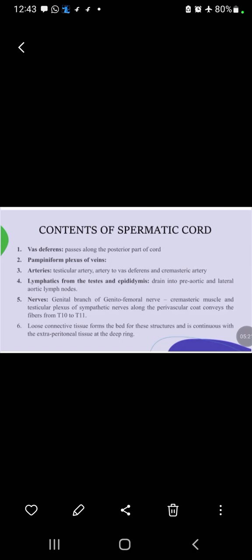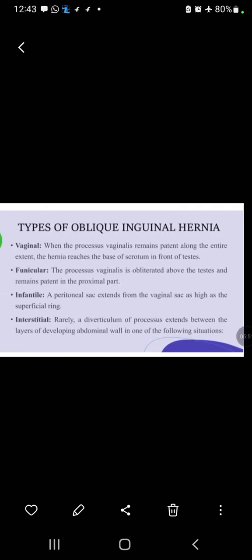Nerves: genital branch of the genitofemoral nerve to the cremaster muscle, and the testicular plexus of sympathetic nerves along the perivascular cord convey fibers from T10 to T11. Loose connective tissue forms the bed for these structures and is continuous with the extraperitoneal tissue at the deep ring.